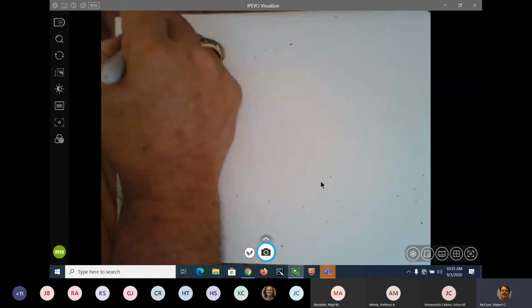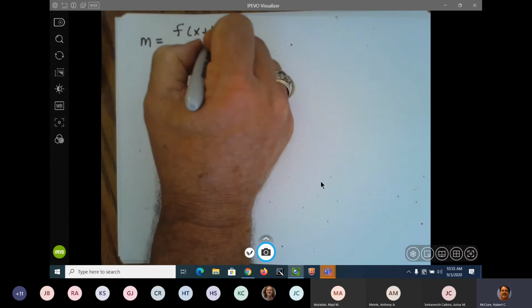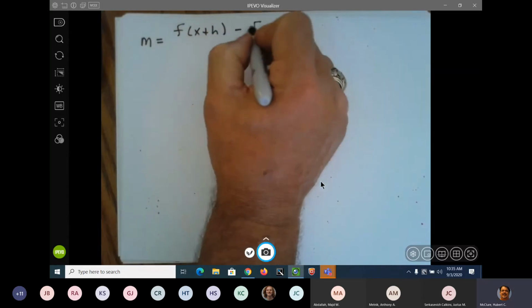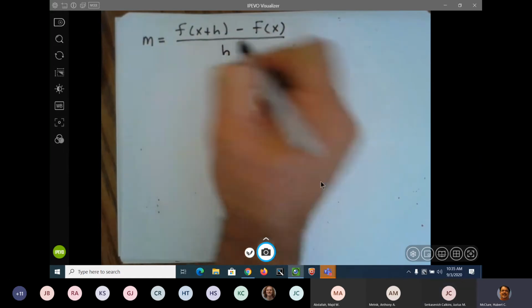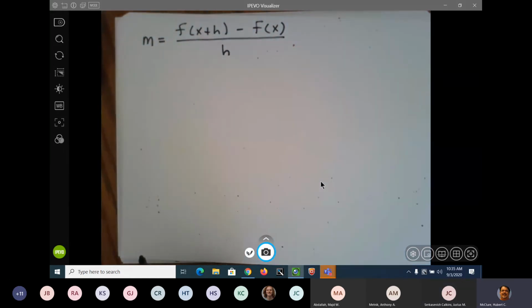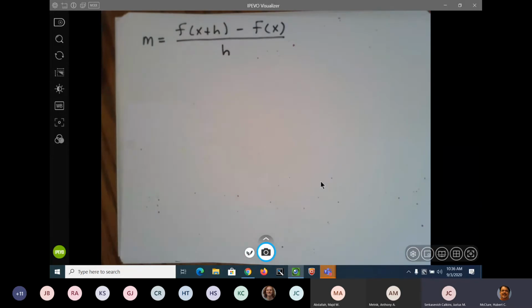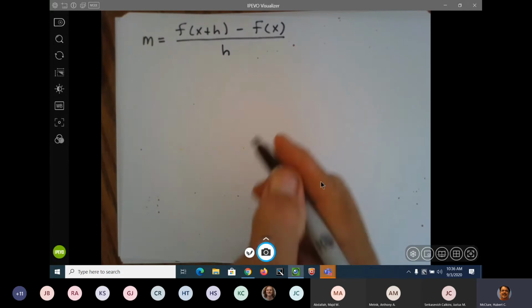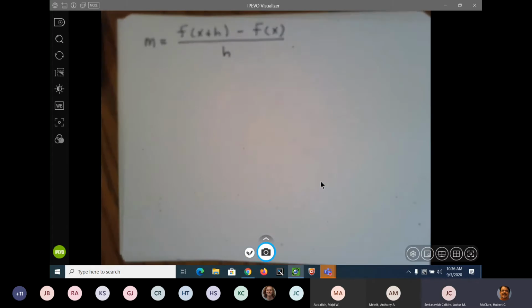So we've got slope is equal to f of x plus h minus f of x over h. Now, in calculus, and I'm just telling you this for your information, you don't have to write this down, you're going to apply this to what we call the limit theory.